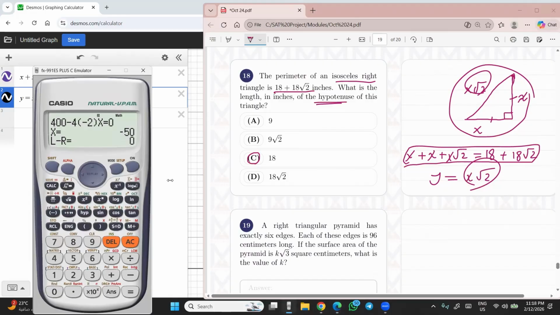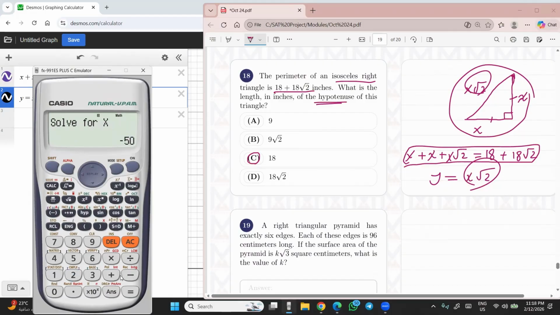Let's do it together. We start by writing x, and x can be written as alpha, this, plus x again, plus one more time x, but this is multiplied by square root 2. Get outside here and write the equal sign using this way, and then 18 plus 18 square root 2.